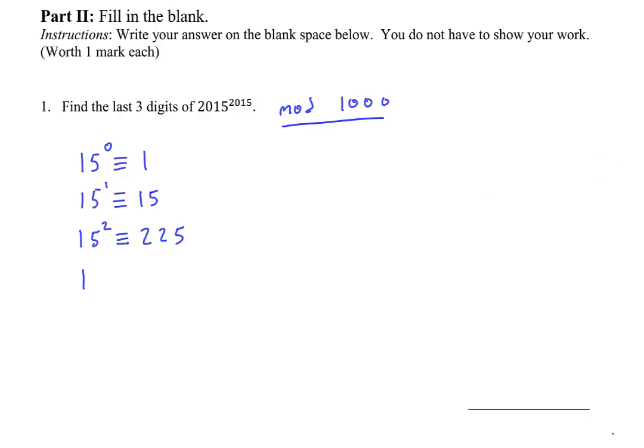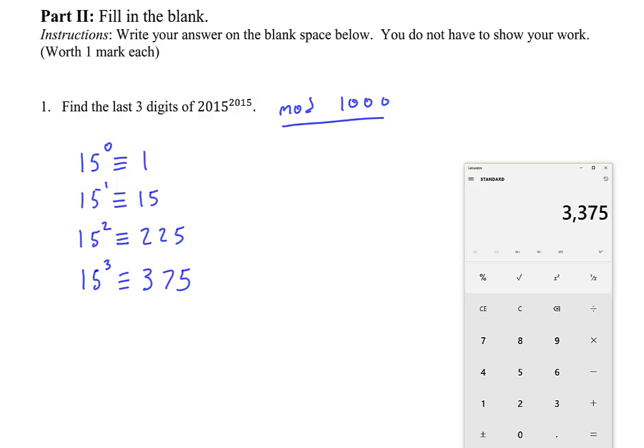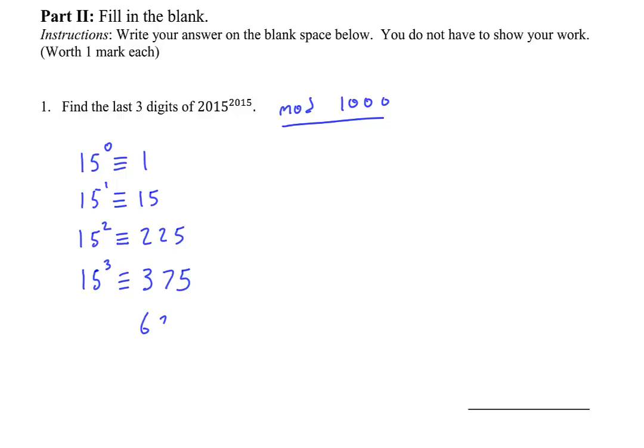So 15 to the power of 3 is 375 as the last three digits, mod 1000. Let's multiply by 15 again. Multiply by 15, we get 625 as the last three digits, so 625 is the next one.